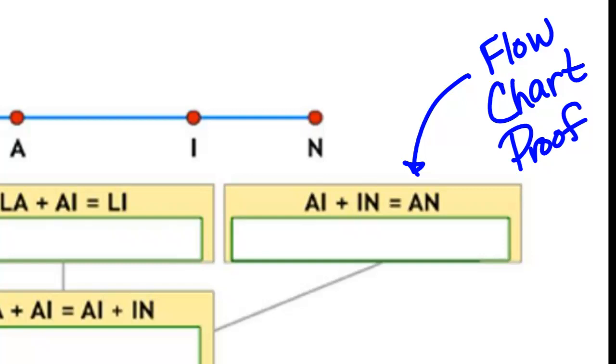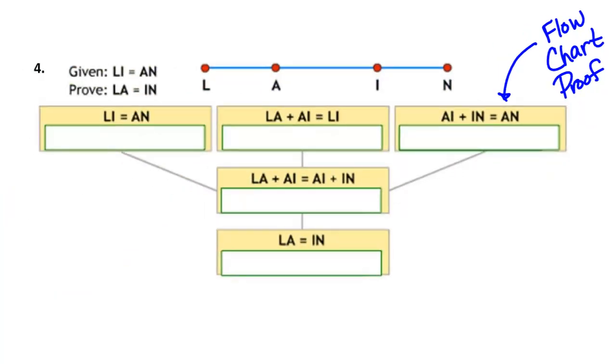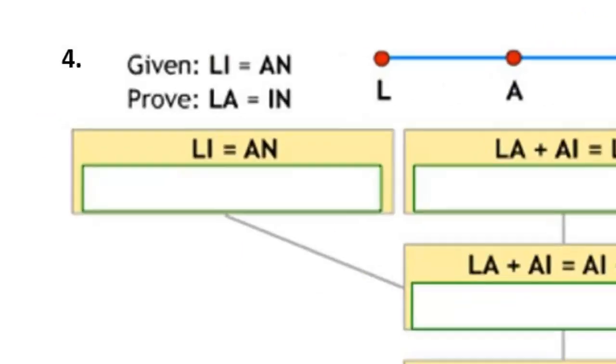So in each little box, I have a statement and then why I'm allowed to say it. If nothing comes before it, then it's either coming from my given information or it's coming from the figure that they gave me to look at. So my reason for this one right here, why is LI equal to AN? Because it's given.